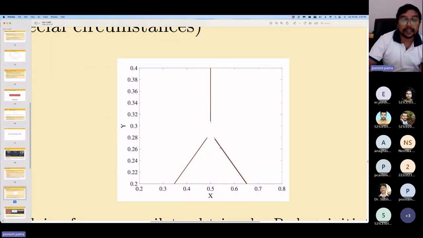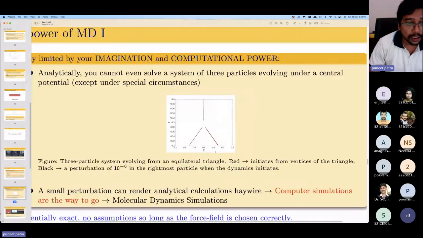So imagine now evolving this system for hundreds of thousands of such time steps, and you will observe a large deviation in the trajectory. The reason I'm telling you this is simply because if we cannot even solve such a simple three-body problem because of a small change in the initial condition, we do not possess any analytical ability to simulate a large-scale problem of the kind that I was showing you in the previous slides, such as the high entropy alloy system.